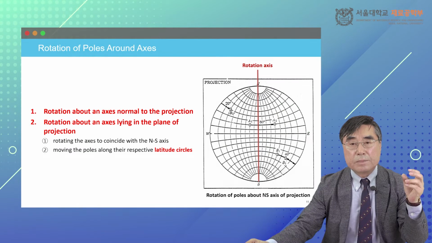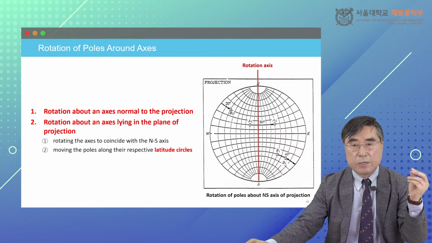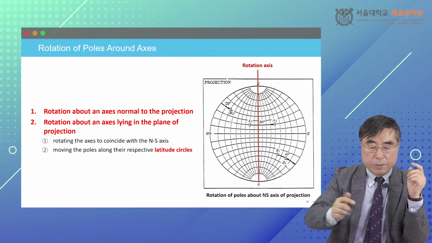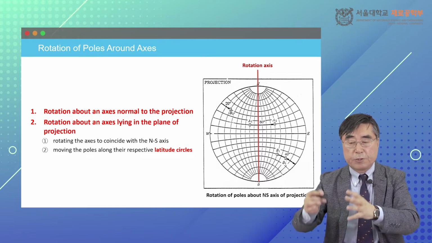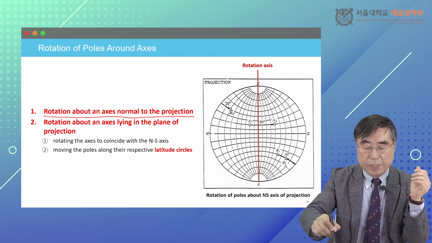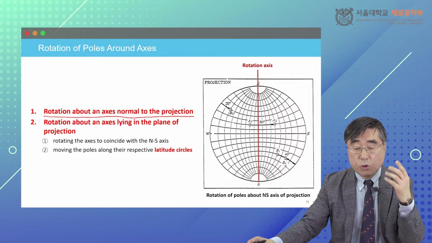Now, I wanted to explain how to rotate certain poles from certain directions. If we have these Wulff nets and stereographic projections, we can get the information about the rotation about an axis normal to the projection.